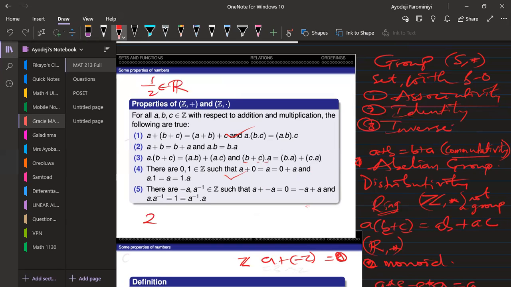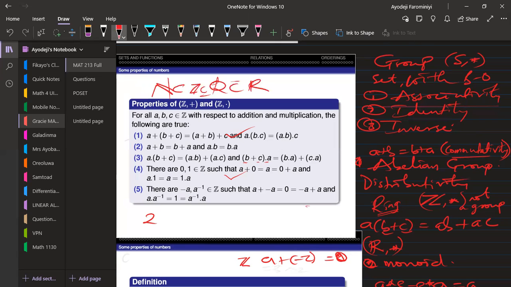All rational numbers are real numbers, just as all integers are rational numbers, just as all natural numbers are integers.